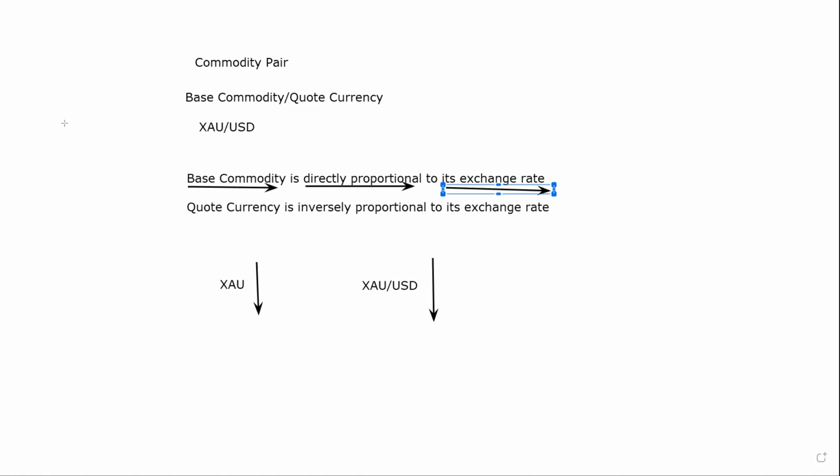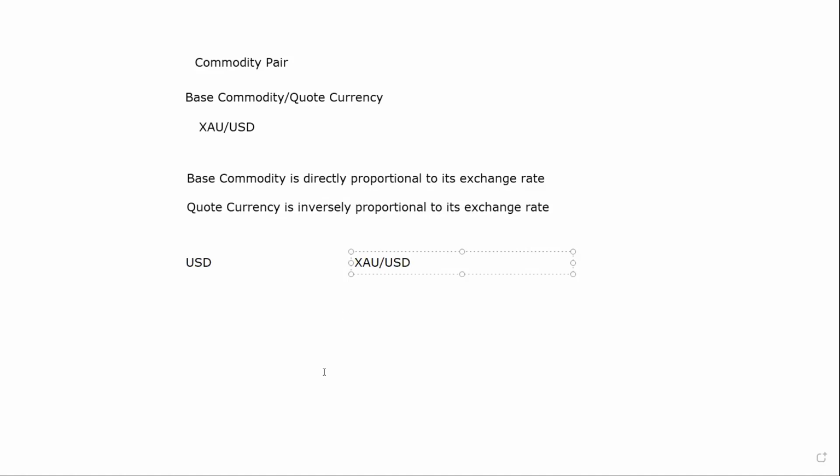Now we look at the US dollar, which is the quote currency, and its relationship with the XAU slash US dollar exchange rate. You know that the quote currency is inversely proportional to its exchange rate. So when the value of the US dollar goes up, the value of the exchange rate goes down.